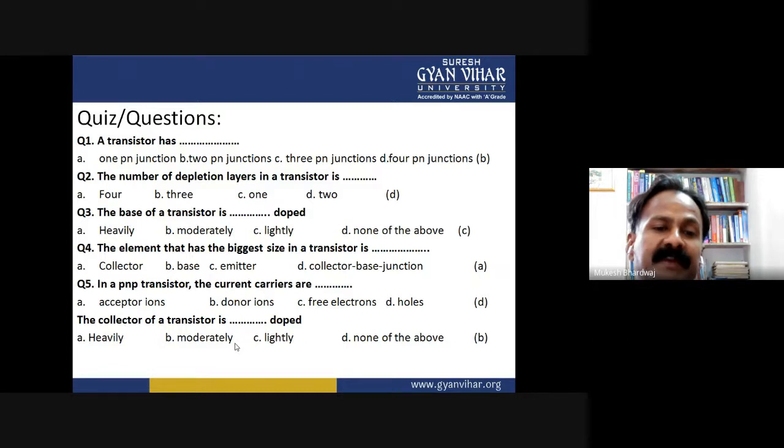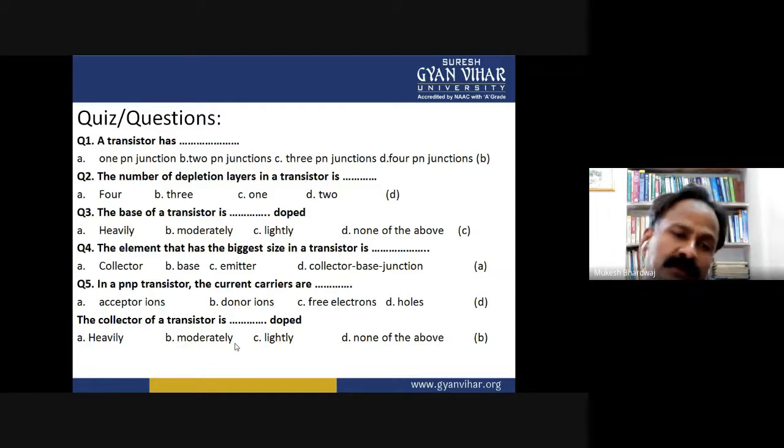In a PNP transistor, the current carriers are: acceptor ions, donor ions, free electrons, or holes. Yes, it is a PNP type transistor. So emitter, base, collector, and the base is lightly doped, the emitter is moderately and the collector is heavily doped.